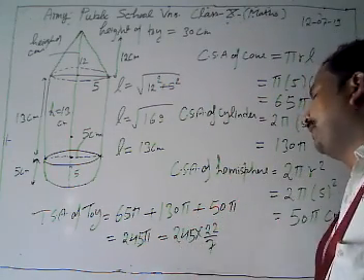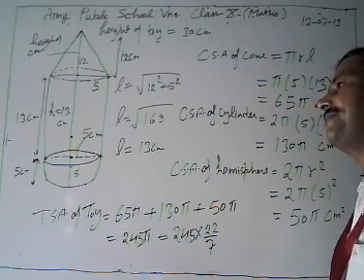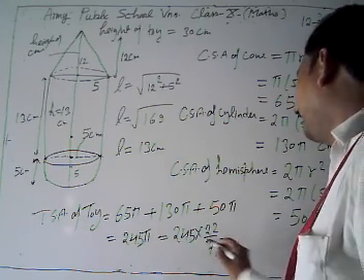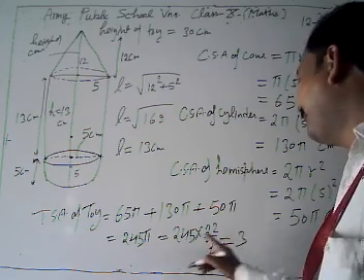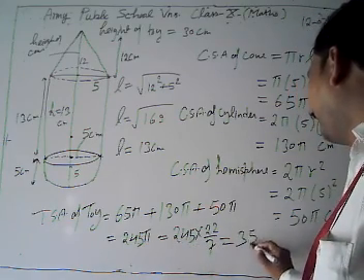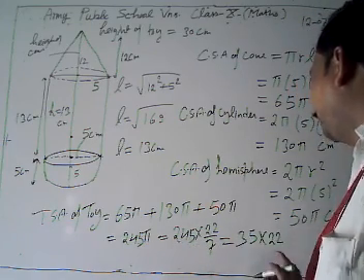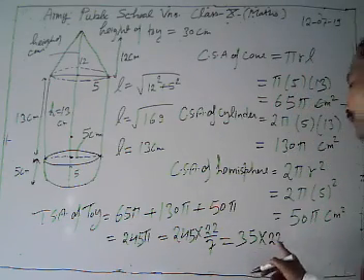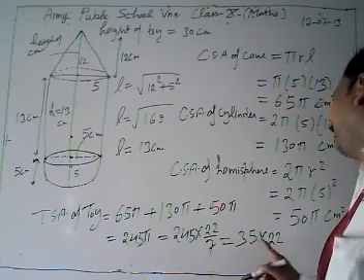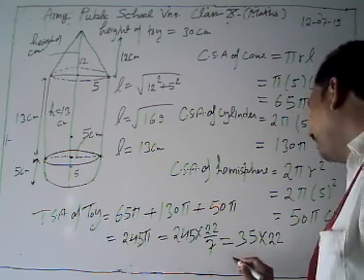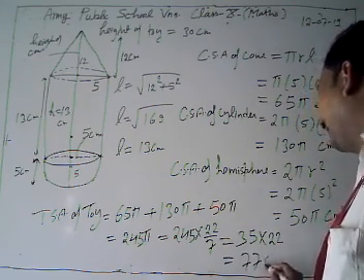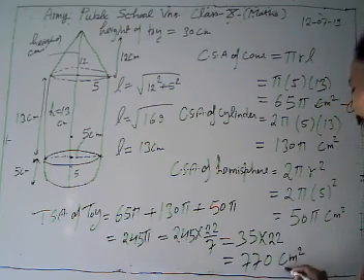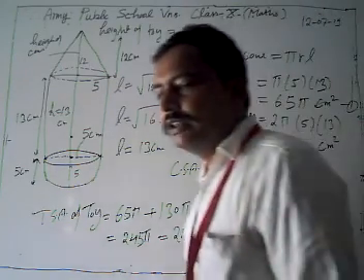It's divisible by 7: 7 times 3 is 21, and 7 times 5 is 35, and 35 into 22. 35 into 20 is 700, then 700 and 35 into 2 is 70, so 770. Then our answer is 770 centimeter square. This is our required answer.